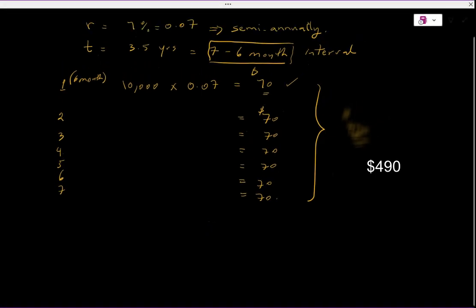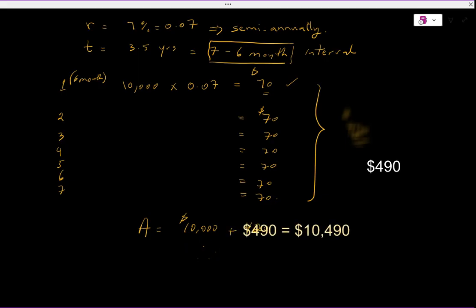That means at the end, the total accumulated amount will be the $10,000 that she invested plus $490 that is accumulated with all the interest, and the total will be $10,490.